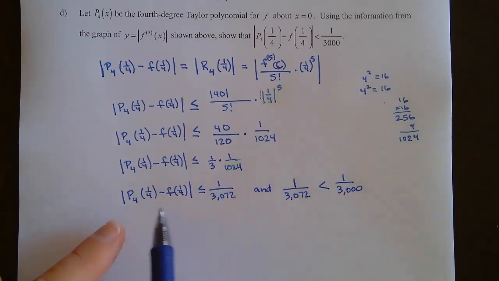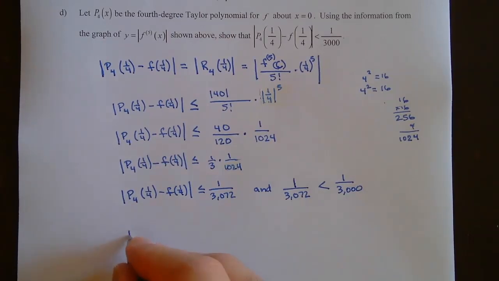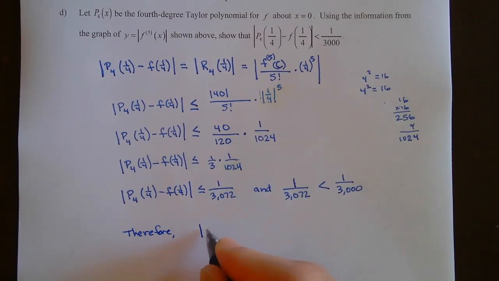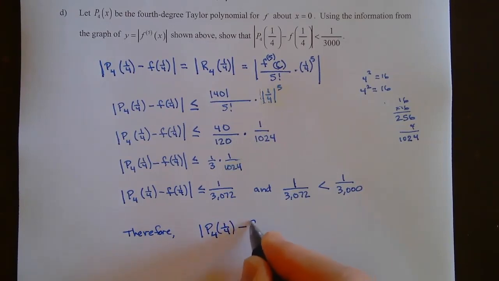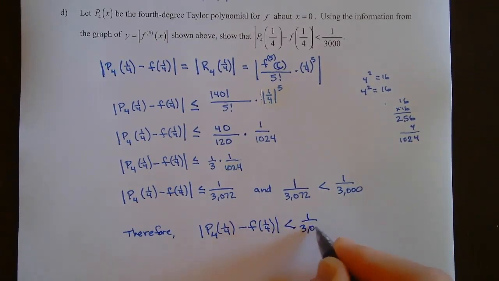Since this one's less than this, and this one is less than this one, therefore the Taylor polynomial approximation at 1/4 minus the actual function value at 1/4 has to be less than 1 over 3,000. And that's the work for part D.